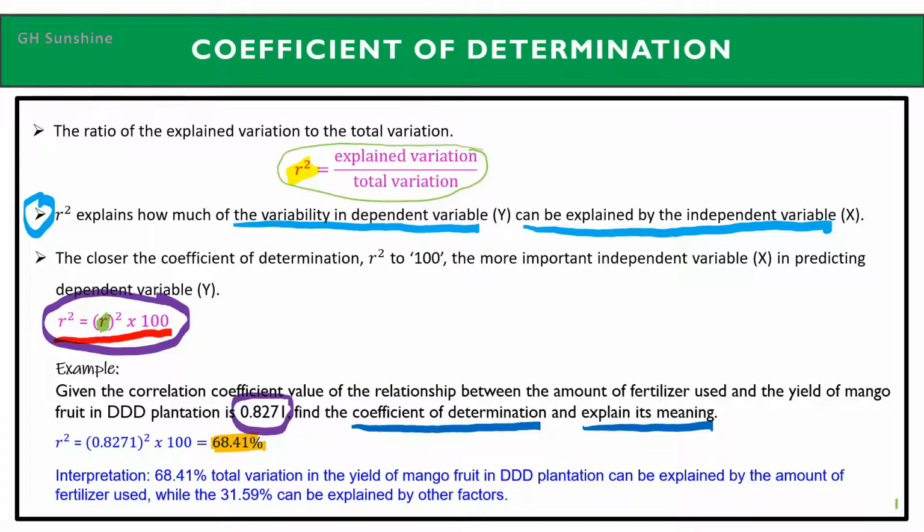This 31.59% is 100 minus 68.41, which equals 31.59%.